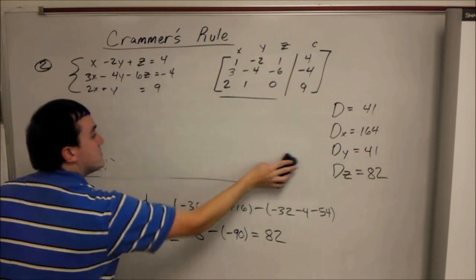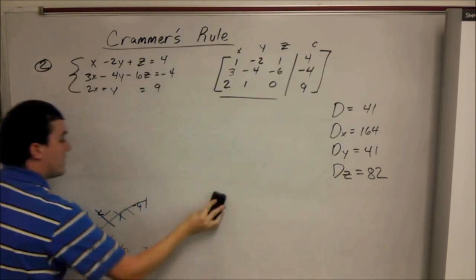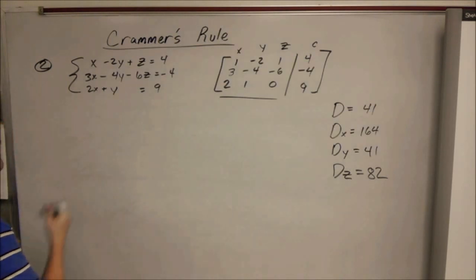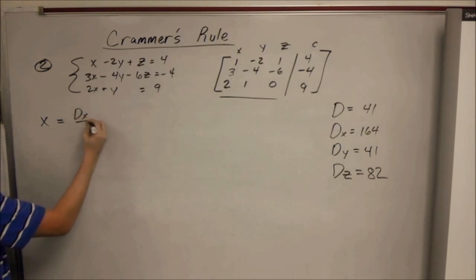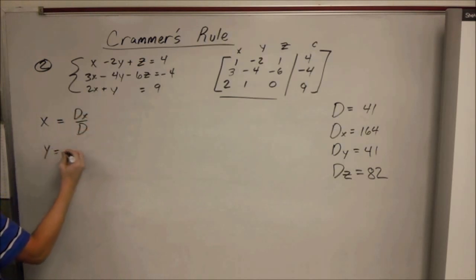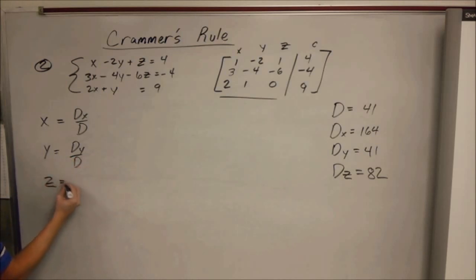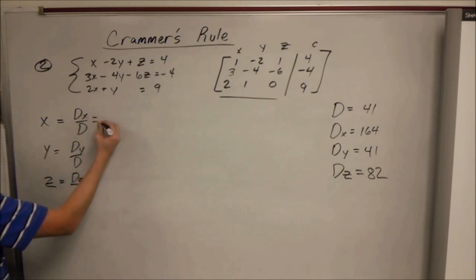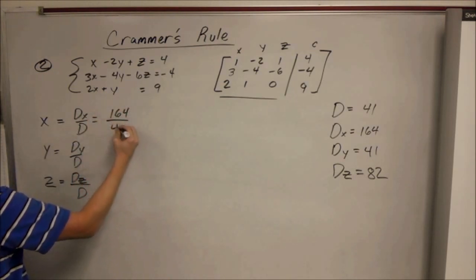So now we take our d, dx, dy, and dz, and we can find x, y, and z using those. We know x is just dx over d, y is dy over d, and z is dz over d. So we get 164 divided by 41.